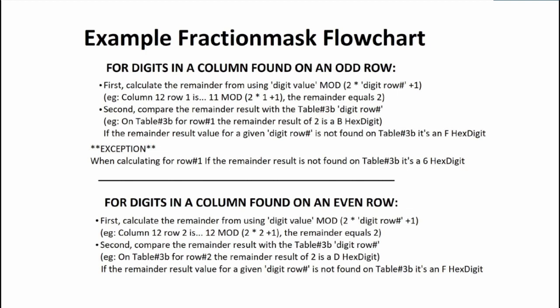Second, compare the remainder result with table 3b digit row, e.g. on table 3b for row number 1, the remainder result of 2 is a b hex digit. If the remainder result value for a given digit row is not found on table 3b, it's an f hex digit. Okay, exceptions. When calculating for row 1, if the remainder result is not found on table 3b, it's an automatic 6 hex digit.